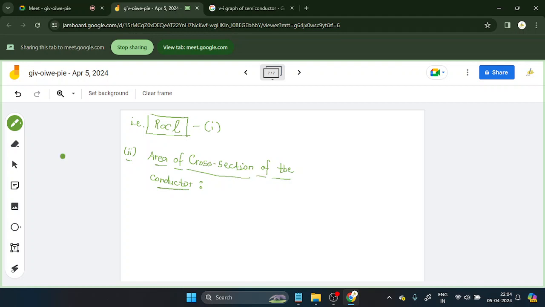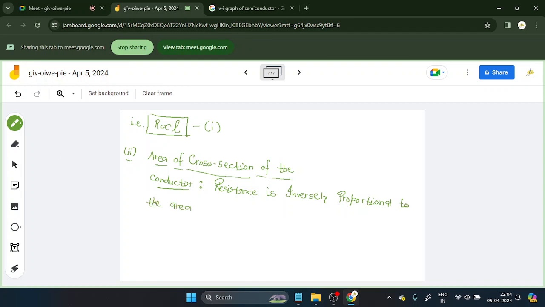So always remember, resistance is inversely proportional to the area of cross section of the conductor.